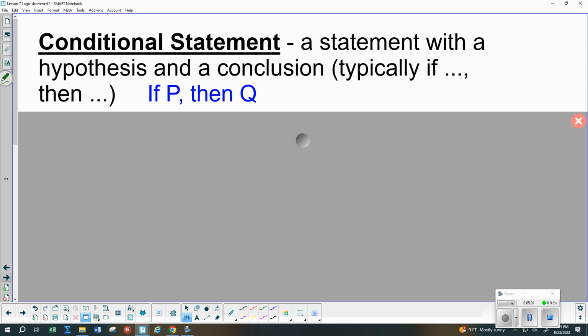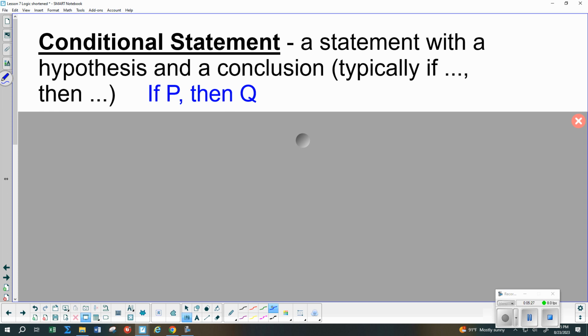What we learned last year and what we're going to continue to do is we have an original conditional statement. If then, whether it's written like that or not, we can convert it to that. Shorthand way of writing this to kind of keep track of it, and we'll use this in our formula list in a few minutes to write these four types of arguments down with a little bit shorter form.